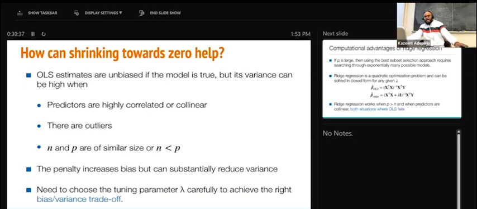or a situation where n is less than p, what is the meaning? The number of observations is less than the number of explanatory variables, which we normally have in big data. Take a look at gene sequencing, where you may have 5,000 or 10,000 predictors and the number of observations is not even up to that.